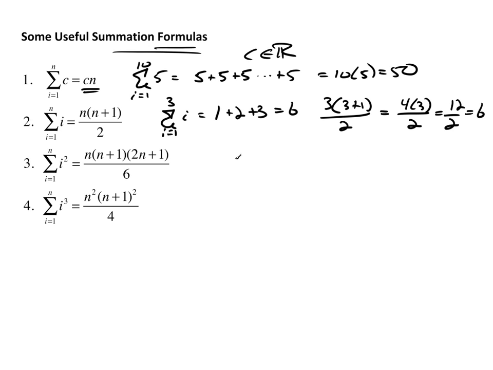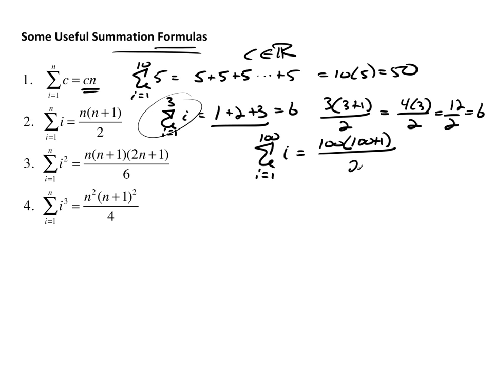Now, obviously, if I'm going to add up the first 3 numbers, I'm just going to add them up. I'm not going to use this. But what about that situation where we're going to add up the first 100? So the sum i equals 1 to 100 of i equals 100 times 100 plus 1 divided by 2.